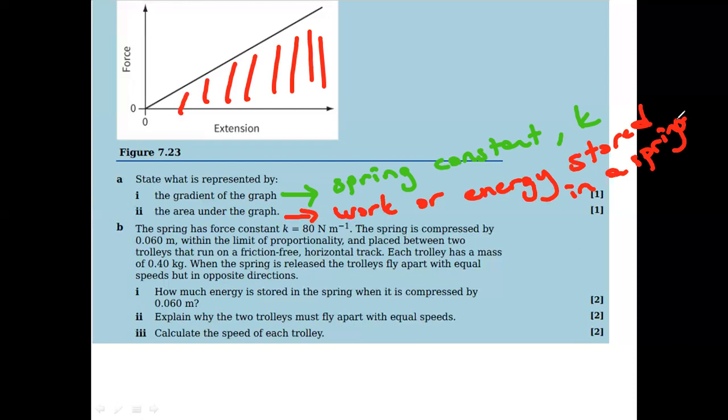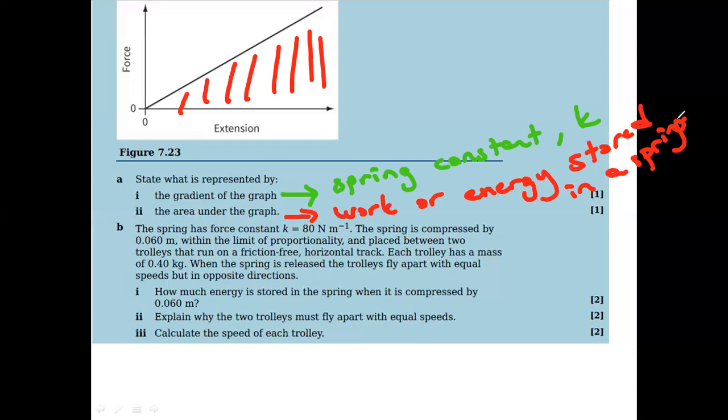Now let's do question B. The spring has a force constant or spring constant, which is equal to 80 Newton per meter. The spring is compressed by 0.06 meter within the limit of proportionality and placed between two trolleys that run on a friction-free horizontal track.